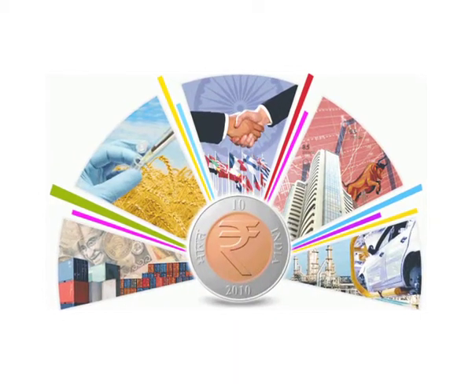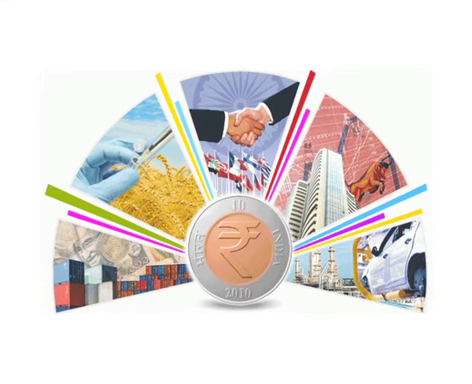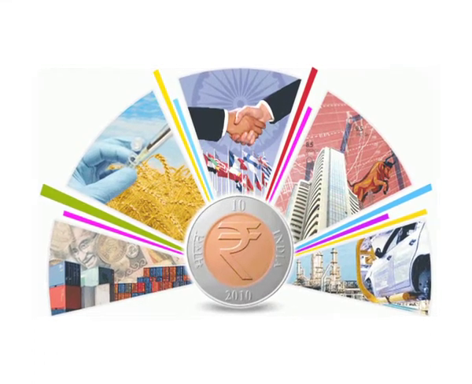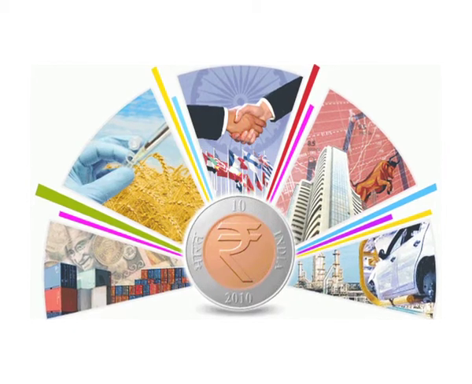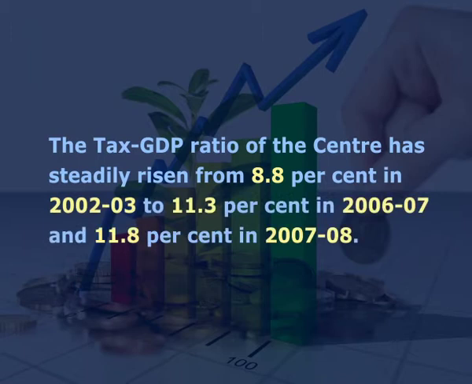The revenue augmenting strategy encompassed moderating the tax rates and broadening the tax base through expansion in the scope of taxes, specifically service tax, removal of exemptions, and some improvement in tax administration with a focus on arrears recoveries. Reflecting these measures, the tax GDP ratio of the centre has steadily risen from 8.8% in 2002-2003 to 11.3% in 2006-2007 and 11.8% in 2007-2008.